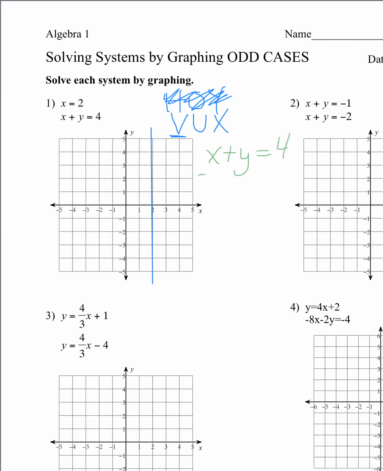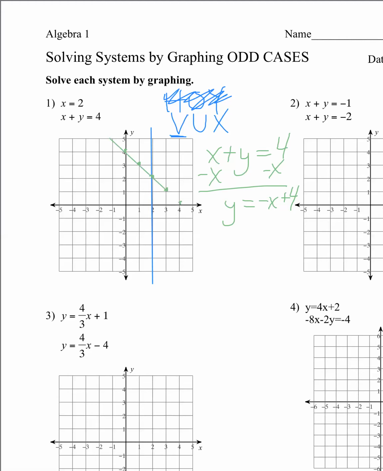To get there, I would just minus that x over. That's your choice. Either way, you're going to get the same answer. So we're going to start at 4, and then we'll follow that slope of -1. We'll go down 1 over 1, down 1 over 1, and there is my intersection right there.